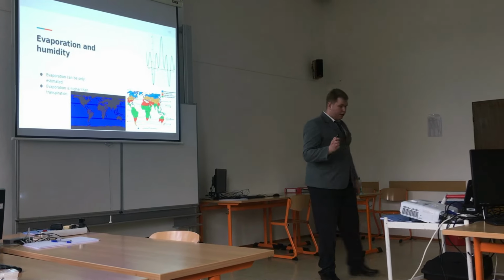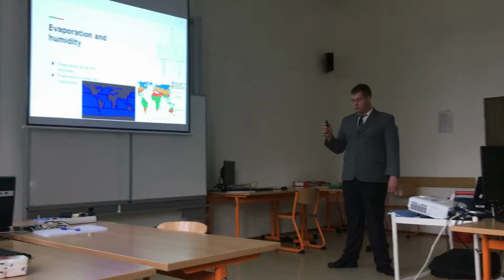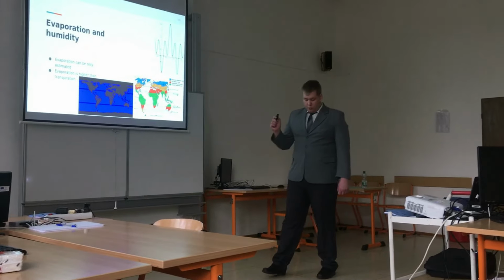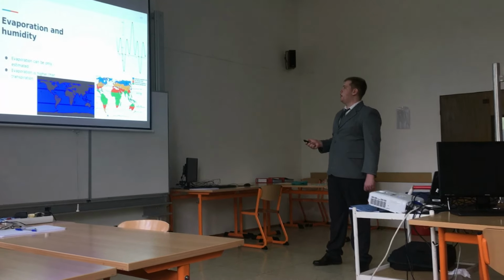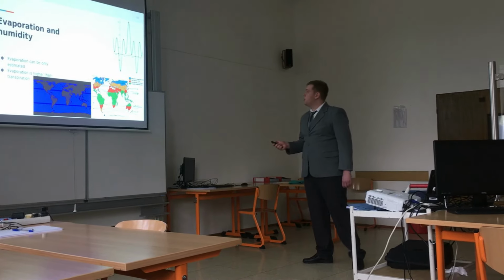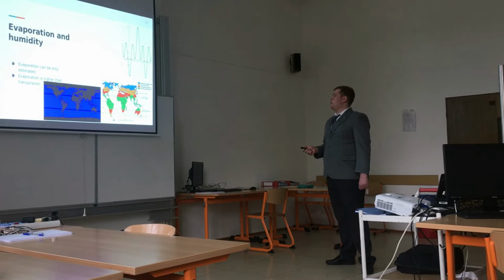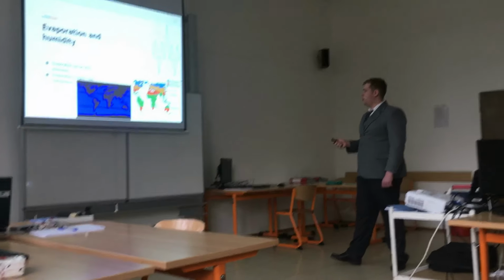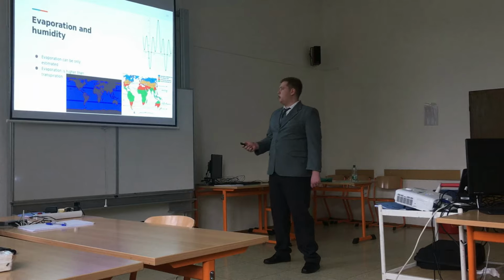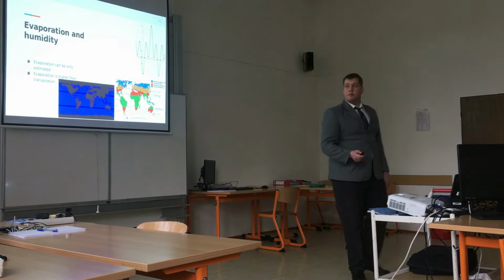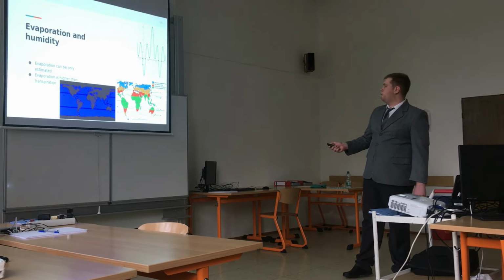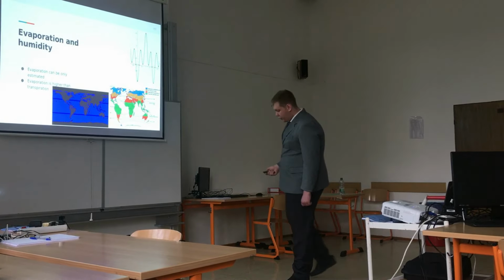He made an equation. If I put the equation into a graph, you can see that around the poles, there's almost no humidity. This means, you can see it here, where it's in negative values.